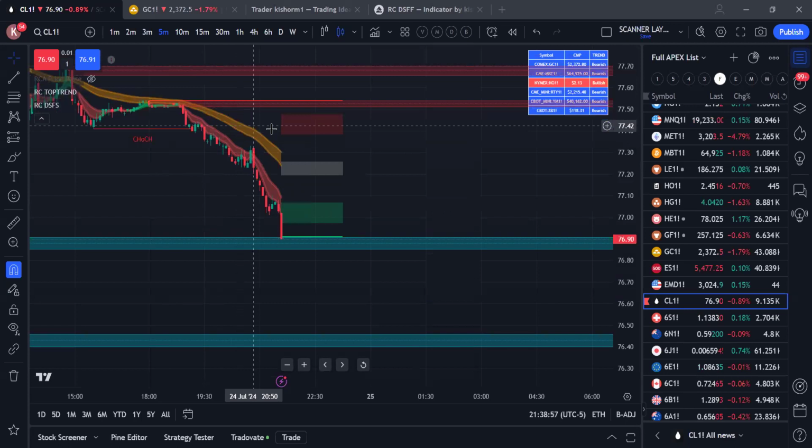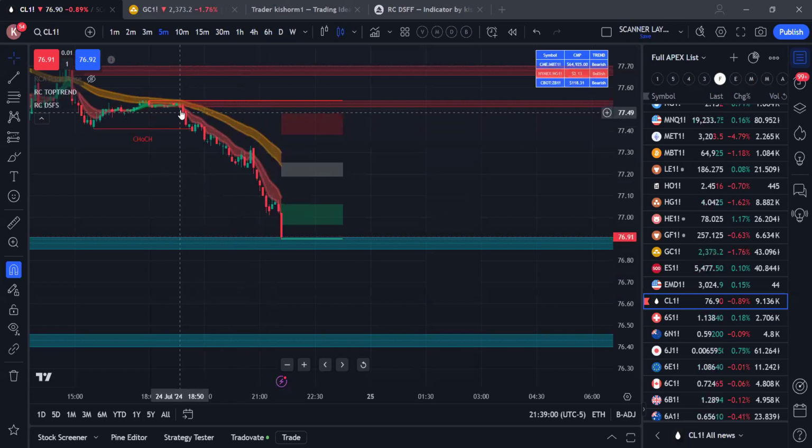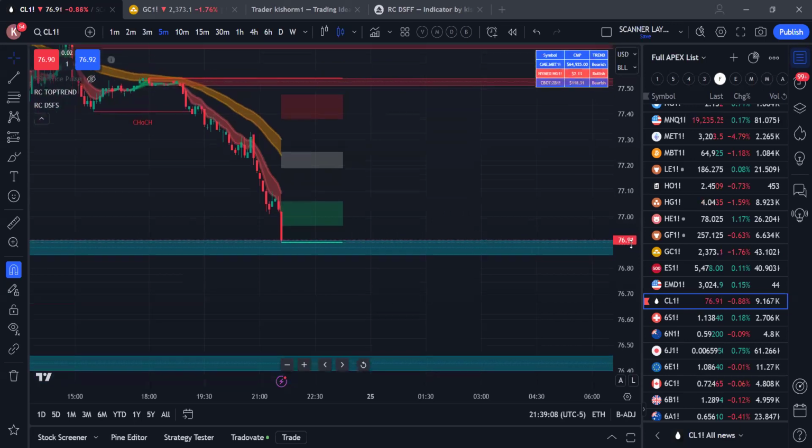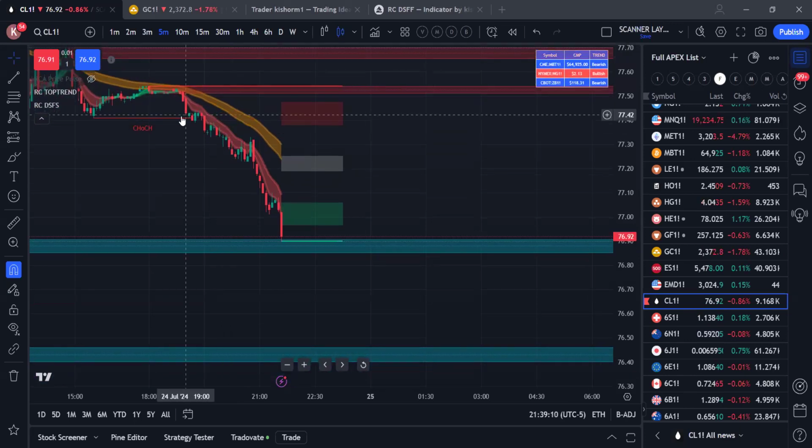If both your clouds are orange color, red color, and the price is at the top, that is the best opportunity to short. Your day trading cloud is red color, your swing cloud is orange color, and your price is at the top.